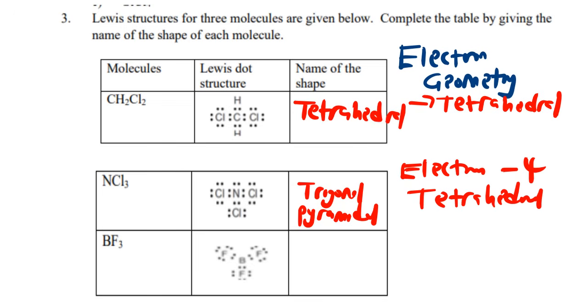With 3 bonding regions and no lone pairs, it is trigonal planar. This will be the same for the molecular shape. So this is how you're going to talk about that.